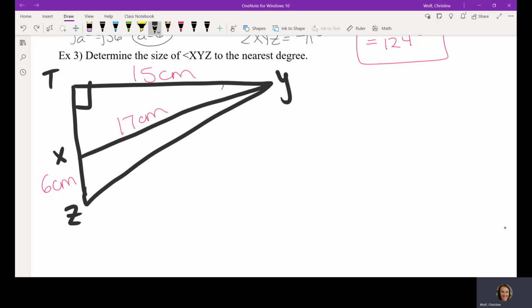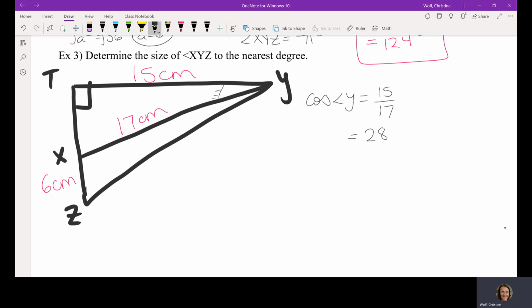Okay, so this is my eyeball. The two sides are hypotenuse and adjacent, that's cos. So cos of my angle y is going to be adjacent, 15, divided by hypotenuse, 17. When you go 15 divided by 17 and press shift cos, that's going to be 28 degrees.